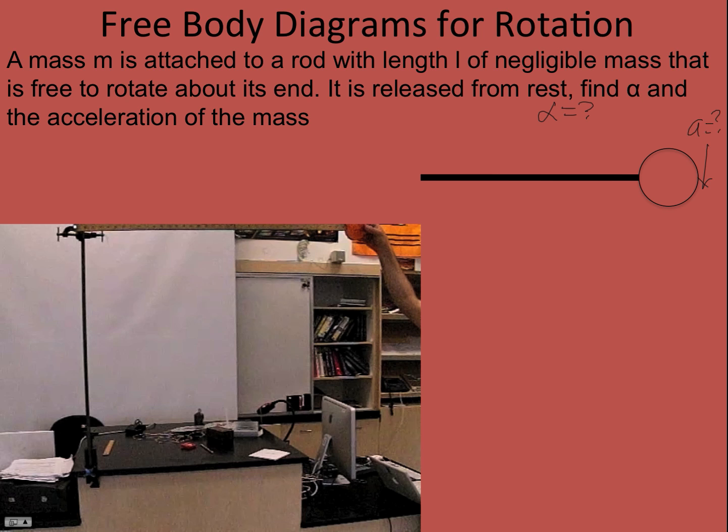So this is a sketch, but this can also be my free body diagram. And so mg is here, and there's another force on it after it's released. There's a normal force here, but I'm going to make that the point I sum the torques about, that is the rotation axis. And so the normal force will not have a torque because it has no lever arm.